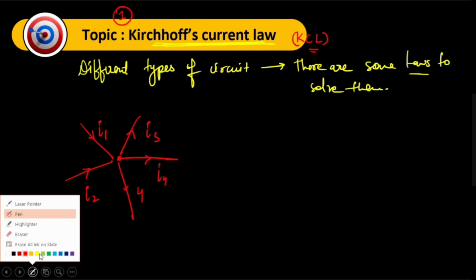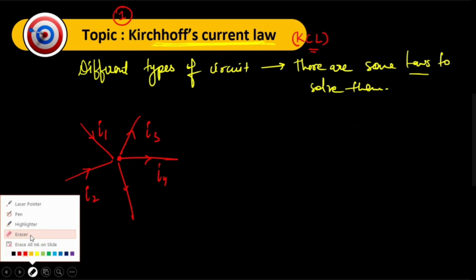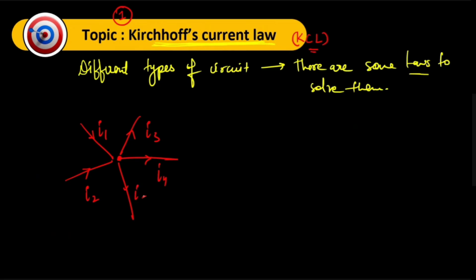So the law says that whatever current came to the junction is always equal to the current that went away from the junction. Like I1 plus I2 is always equal to I3 plus I4 plus I5.